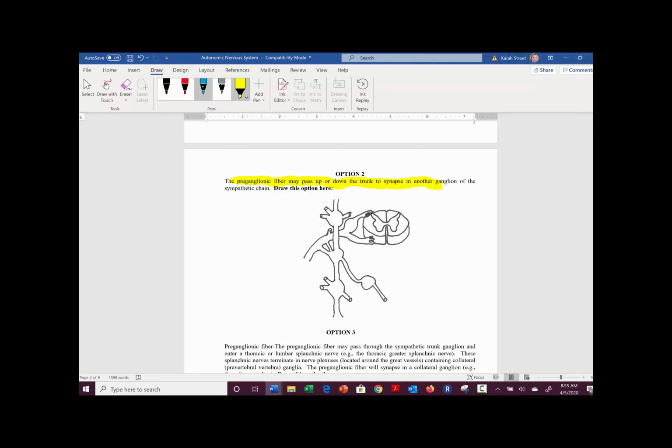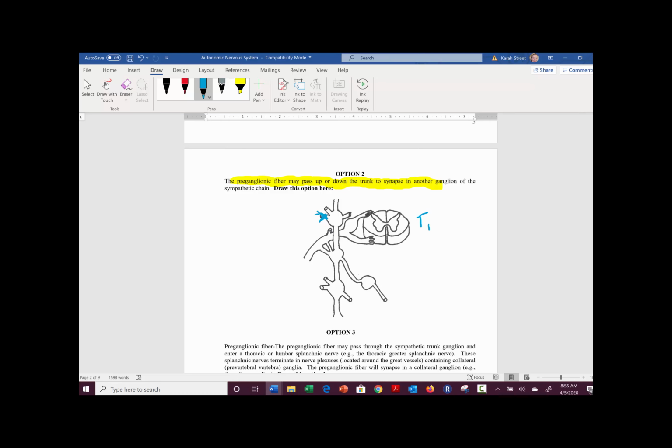So what would that look like? Let's say for this first example, we're at the level of T1. And if this is T1, then this white communicating ramus is not an option, right? That would be at the level of C7. And there aren't any white communicating rami.